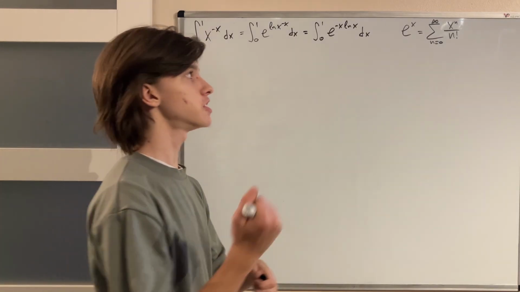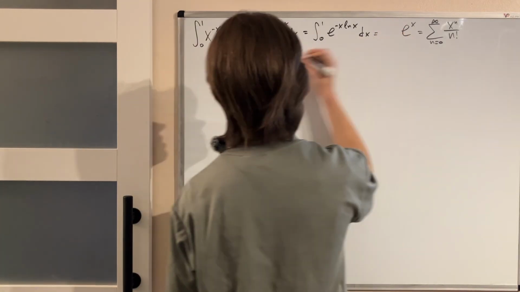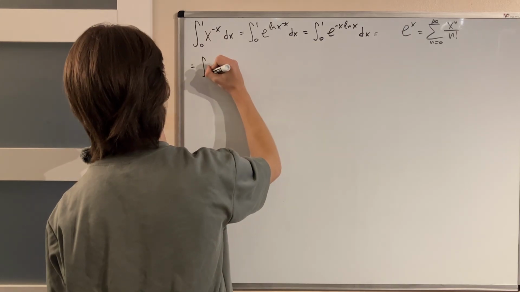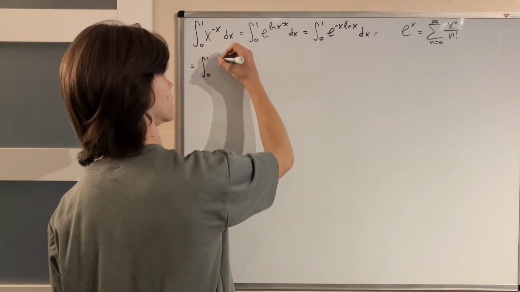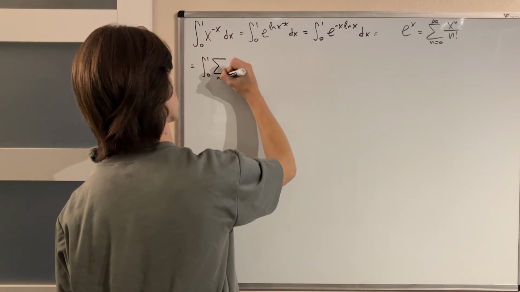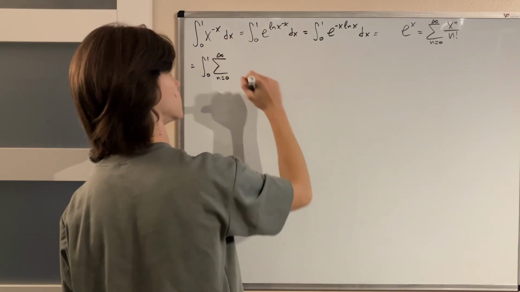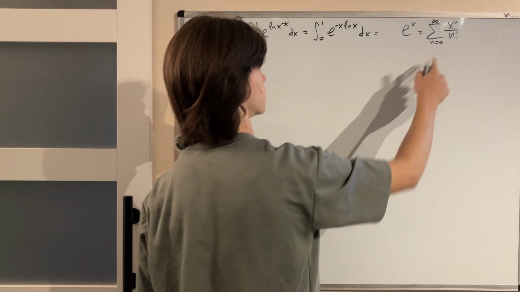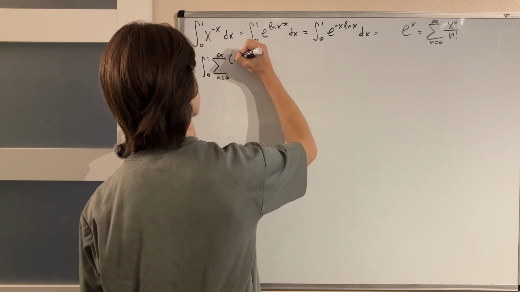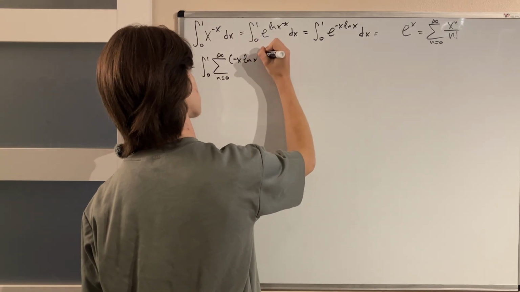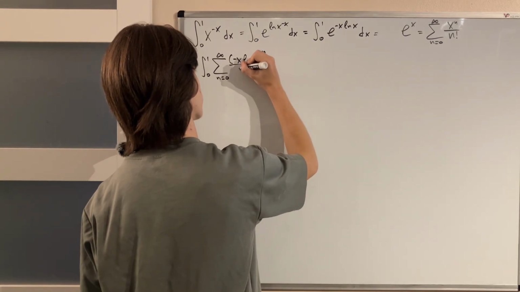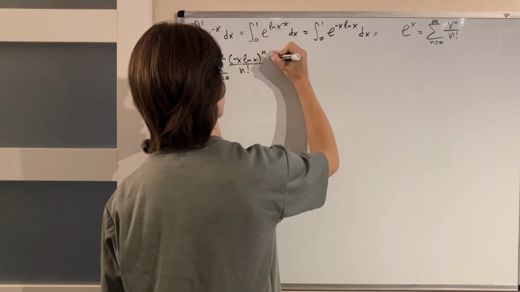We can rewrite our integrand now as a sum and get that this is the same as the integral from 0 to 1 of the sum from 0 to infinity, and then simply substituting this input into this series. So we will get minus x times the log of x to the n over n factorial in dx, of course.